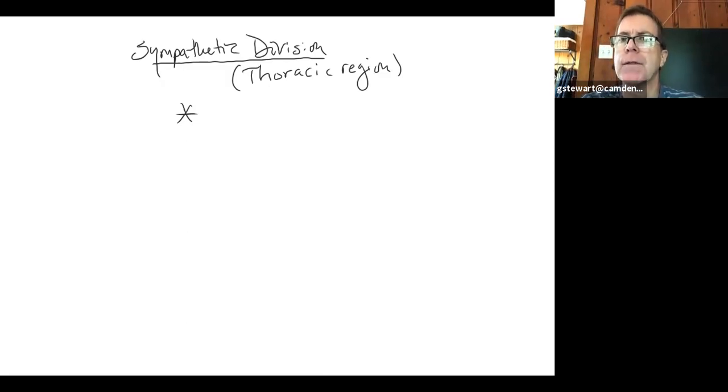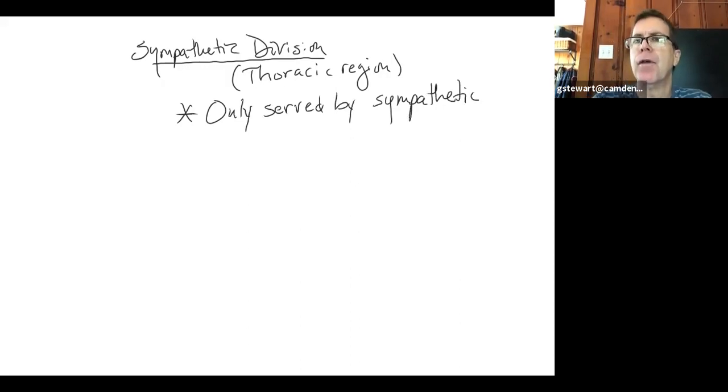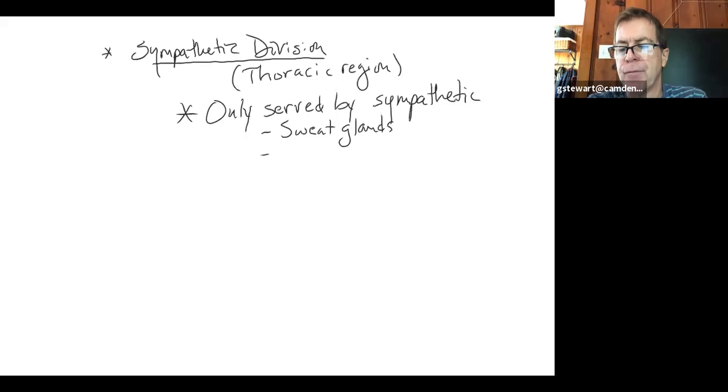These organs are the few that are only served by the sympathetic and not both sympathetic and parasympathetic. And those are sweat glands. So every time you start to sweat, either when you're nervous, stressed out, or when you're hot as a cooling process, that's only the sympathetic division that's working there.